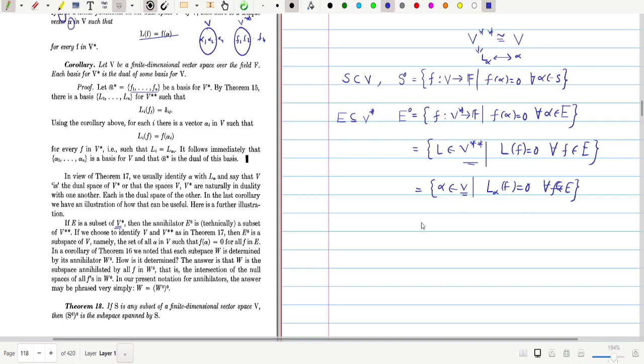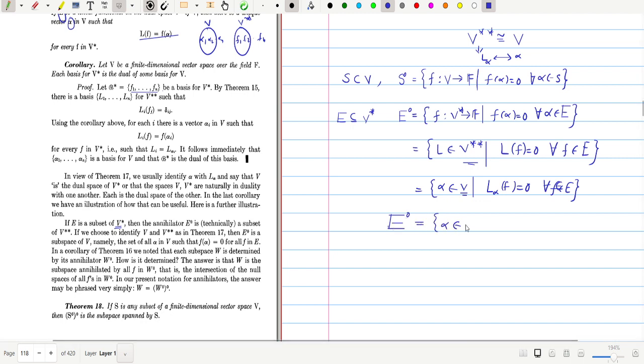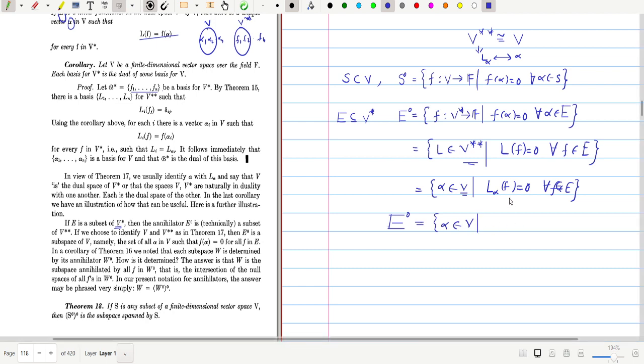That means you can identify E naught as the set of all alpha belongs to V such that, what is L alpha of F? L alpha of F is equal to F of alpha, equal to 0 for all F belongs to E. So this is one method of identifying E naught as a subset of V.